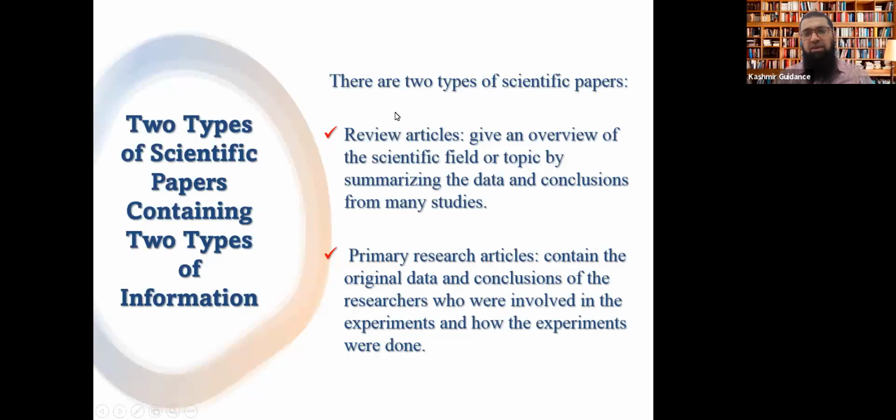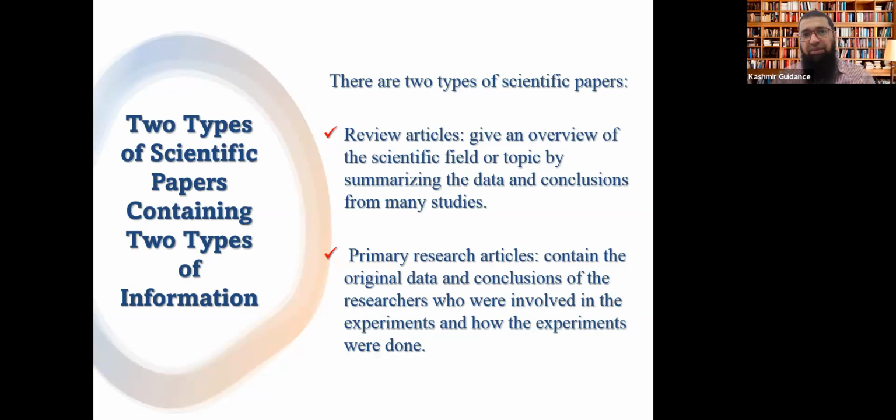Before beginning, we should know that in principle, we have two types of scientific papers available, although we have many more. One we call review articles, and the second we call primary research articles. What is the difference?